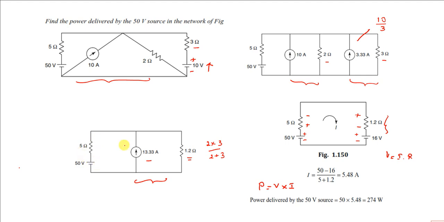See here, the 50 volts is not transformed till the last stage, only the 10 volts is transformed. Again, this 10 and this 3.3 are going to get added, and we got a simple circuit, and we did not touch this 50 volt source. So this is how to find the power delivered by the 50 volt source. Thank you.